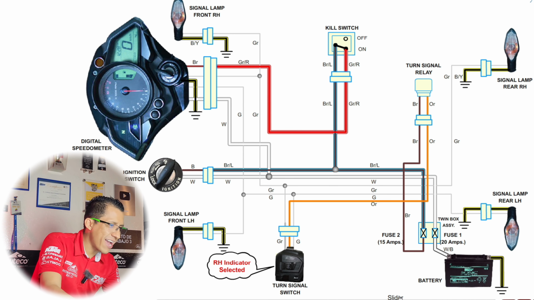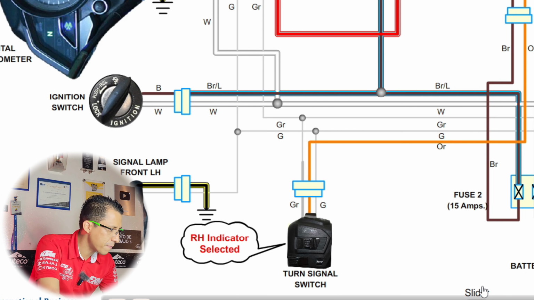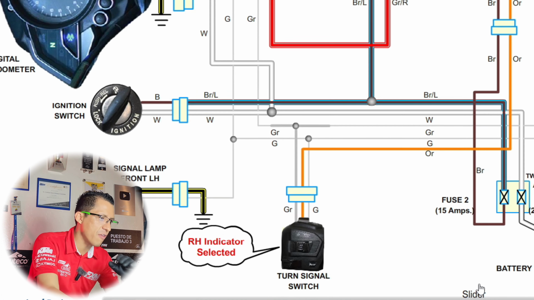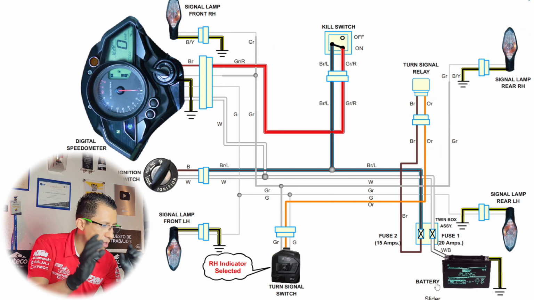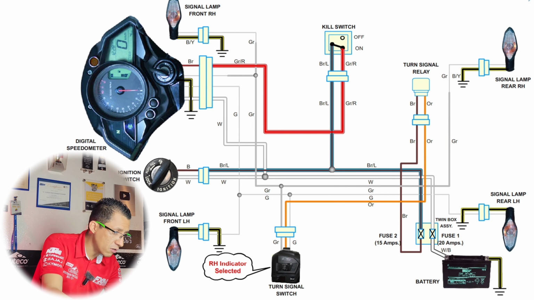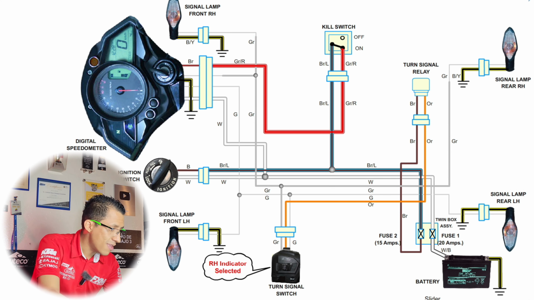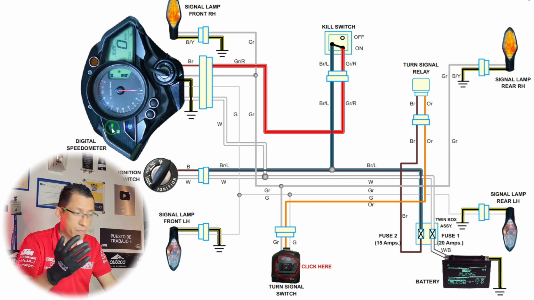At that moment, we can activate the turn signals. Here they are operating the left. So notice that the power comes out through the gray cable, and this power is divided where? For the right rear turn signal and for the right front turn signal, an indicator of the instrument panel.